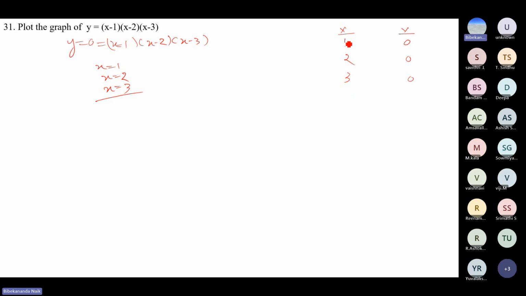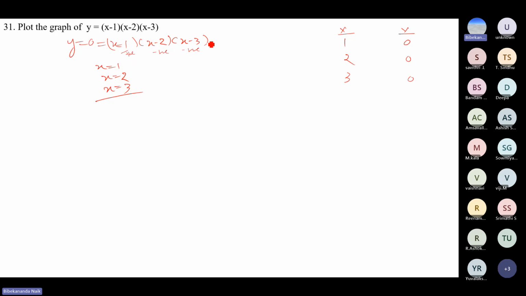Then between 1 and 2, we will take a point and see whether y is positive or negative. Suppose it is 1.5. Then 1.5 minus 1 is positive, but 1.5 minus 2 is negative, and 1.5 minus 3 is negative.